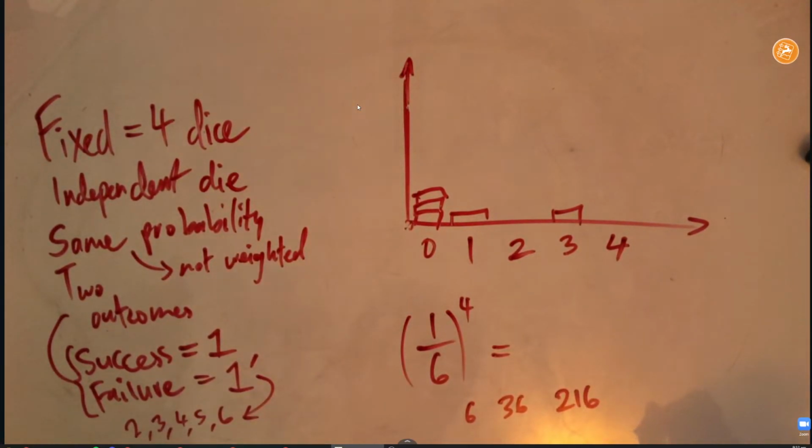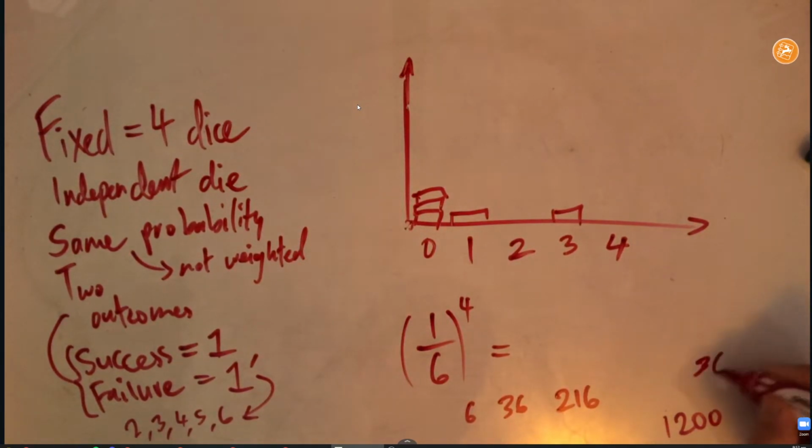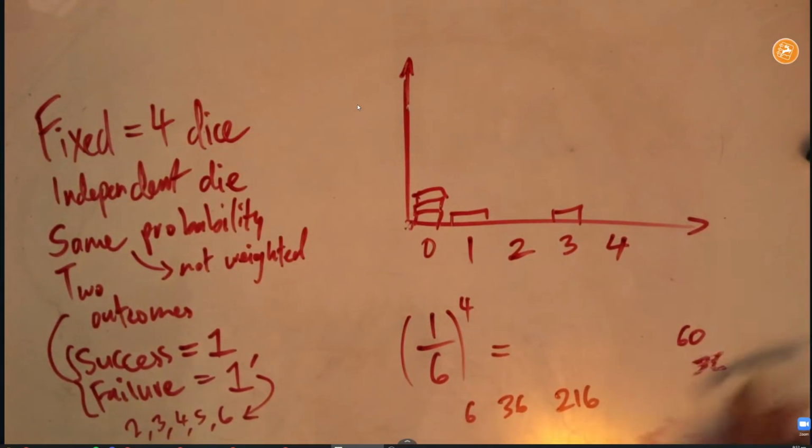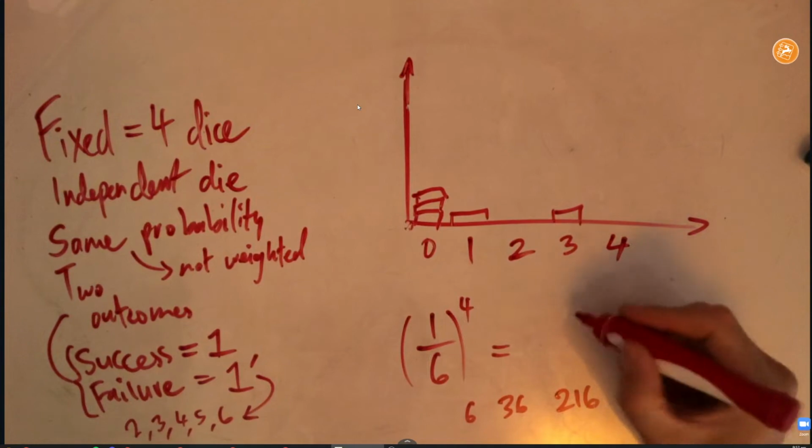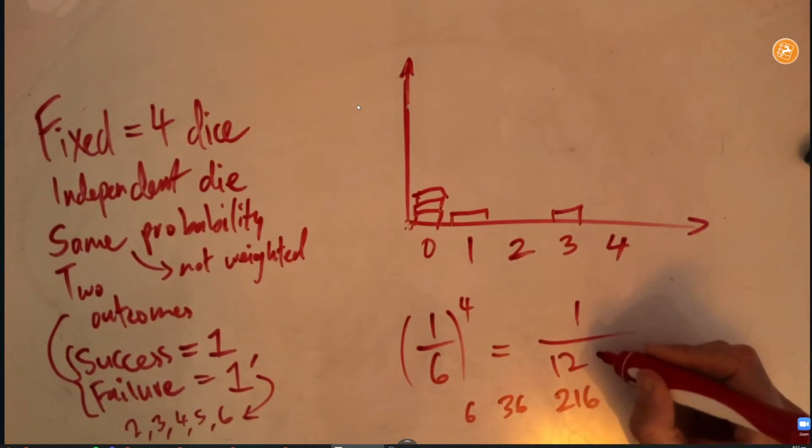It's pretty unlikely. 6 times 216 is 1296. So the probability of getting that is 1 in 1296.